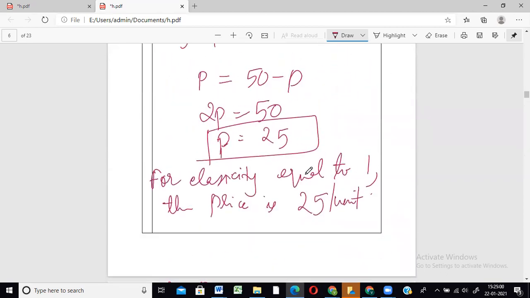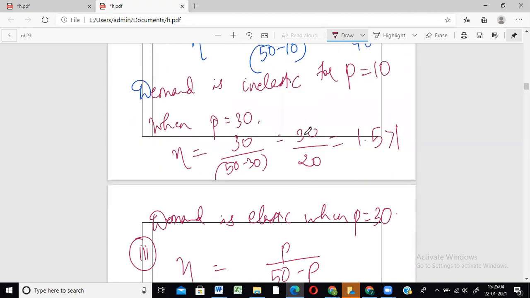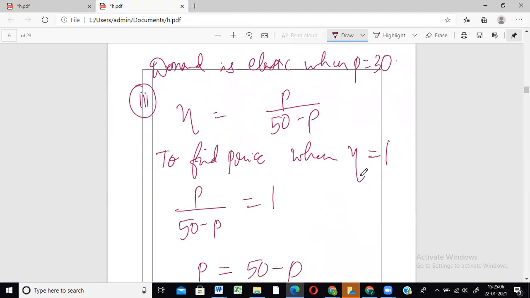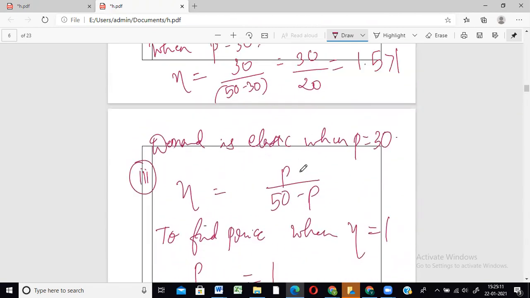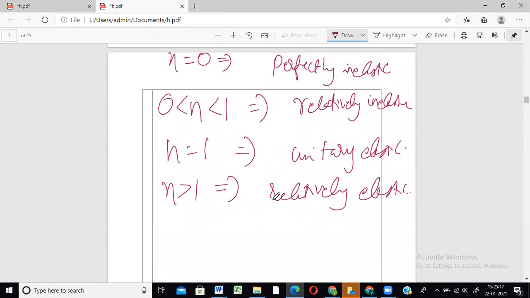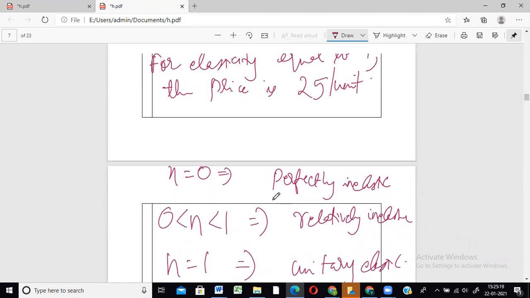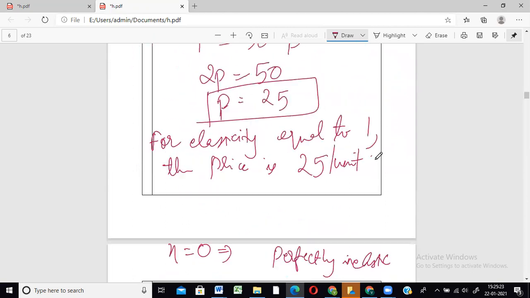Okay, so these are the other values. Here it was 1.5, right? So it was greater than 1, so we wrote it as elastic. Then at one place it was less than 1, so we wrote it as inelastic. Okay, so these are the values. And in the one before that, it was going less than 0, so that is why we purposely took P as less than 50.